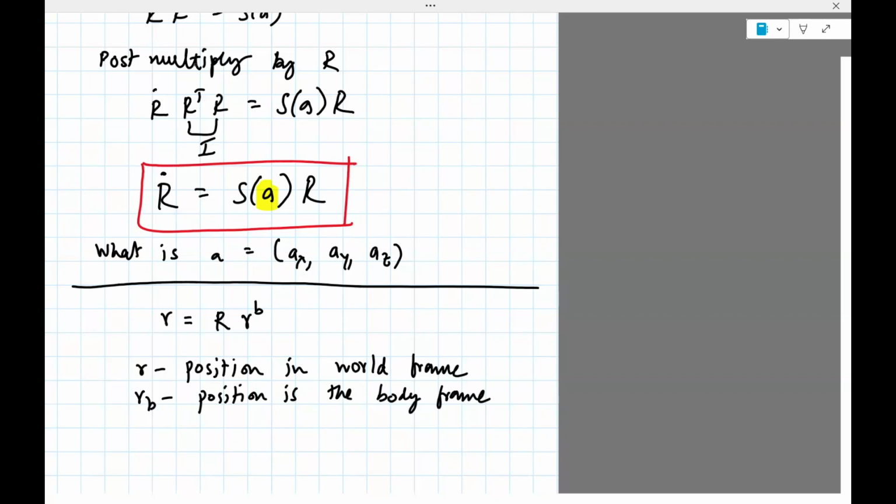That vector RB is fixed. It's not going to change. But if you want to describe its motion in the world frame, then you just multiply with the rotation matrix. That's a property of the rotation matrix.